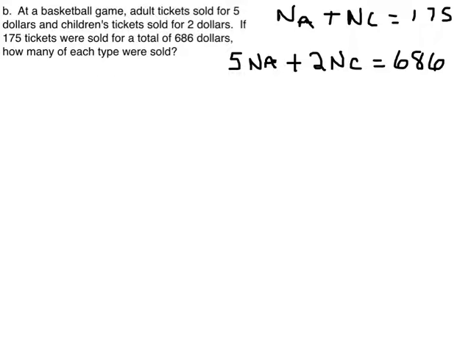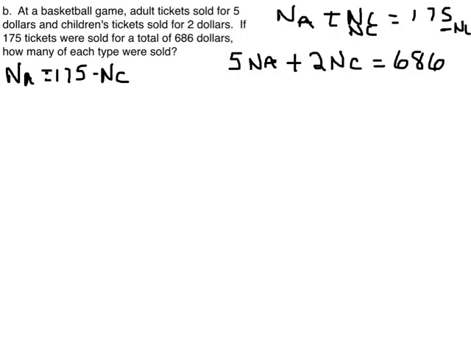Okay, here we're going to have to get something we can substitute, so we're going to subtract the number of children's tickets from each, and we find that NA is equal to 175 minus NC. And this is what we can substitute in.